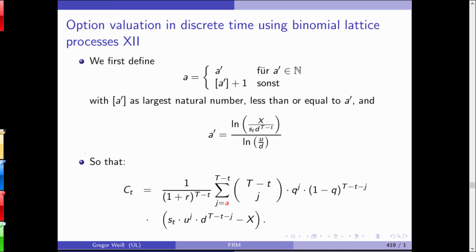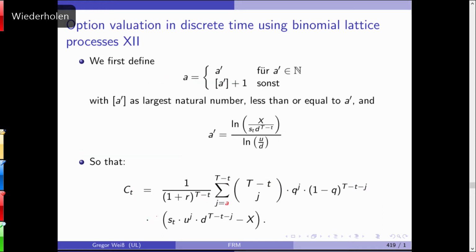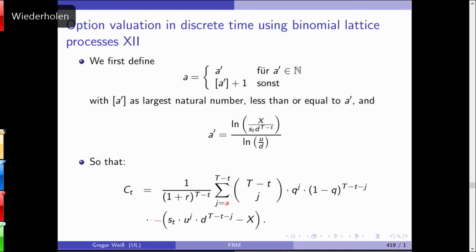There is a reason why A dash is defined in such a strange way: it eliminates the maximum function here. As you can see, there is no maximum function here, and we were able to eliminate it from the formula. The only difference is that now, if we define A in such a way, this sum starts at A. We want to simplify this expression, and this is why we define A in such a manner.